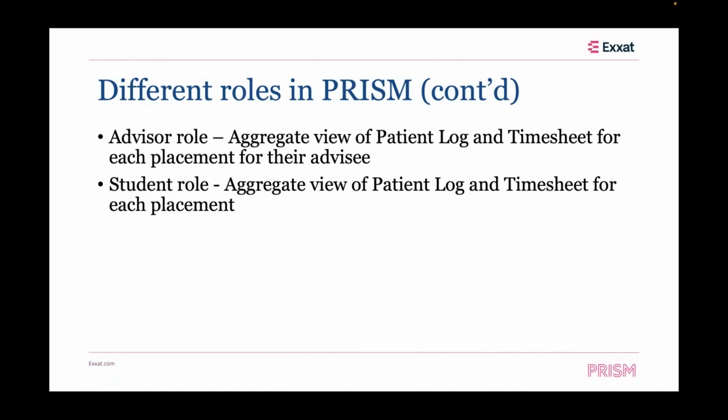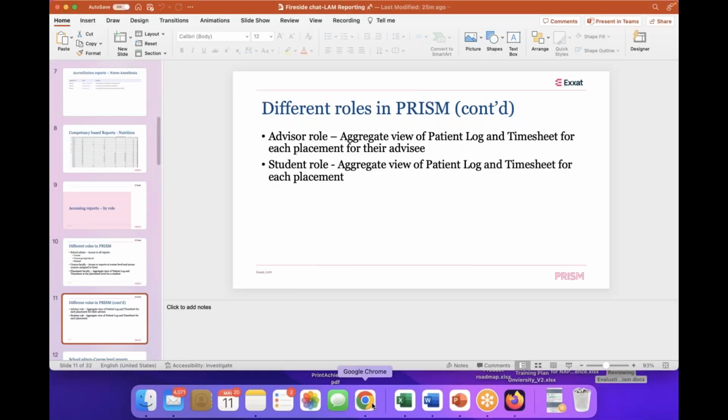Okay, let me go. Kanti, we do have a question here from Adeline. What's the difference between course faculty and placement faculty? Okay, good question. Course faculty is the role where the faculty gets access to all the students who are registered and placed in that course, so they can see all the student placements in the course.